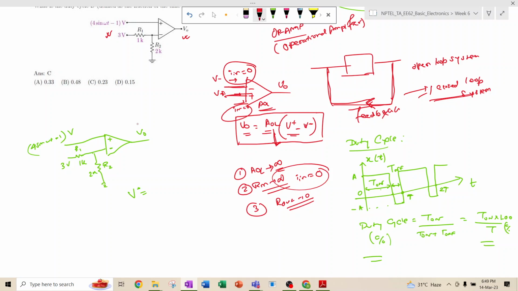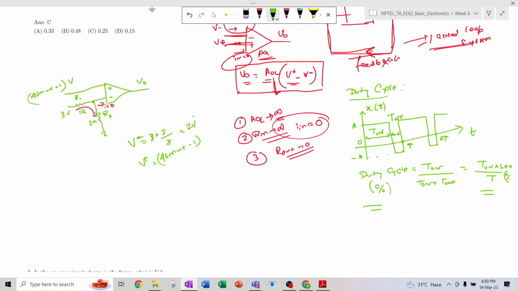Here also there should not be any flow of current at the input, so I is equal to 0, and the entire current will flow through this path. You can see it is a voltage divider circuit. So V minus is 3 into 2k divided by 2 plus 1, which is 3, so the 3 cancels out and it will be 2 volt. V minus is 2 volt, and V plus is 4 sine omega t minus 1.